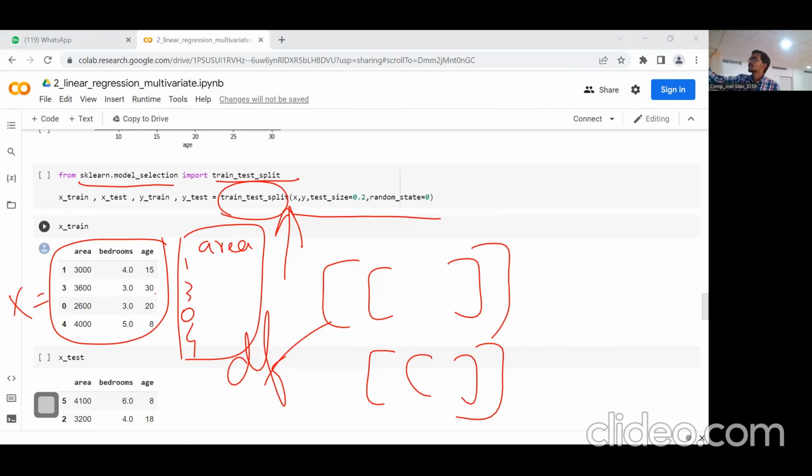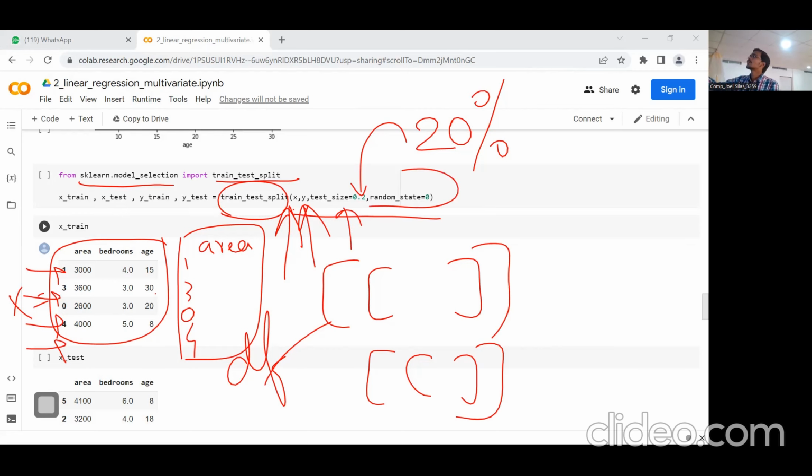So now you're passing the feature, you're passing the label, test size. That means you want to take 20% out of all the examples in the data set for testing. That means the remaining 80% you will take for training. And random state I've already explained in my previous video that we are setting.